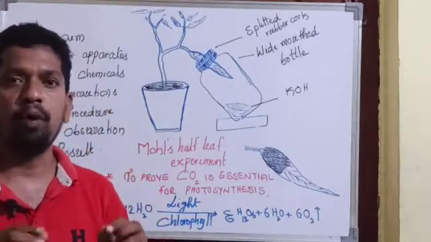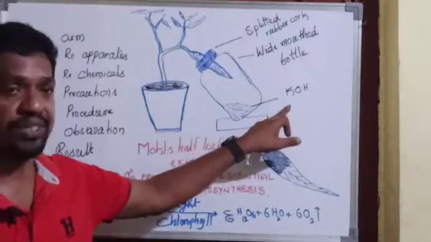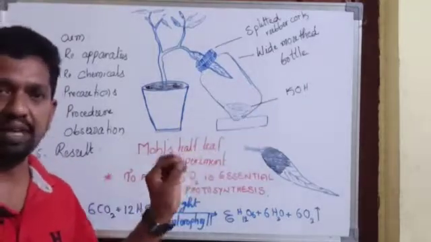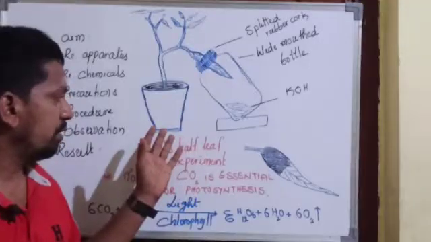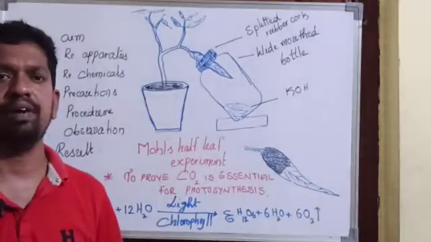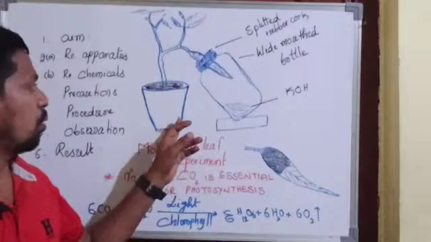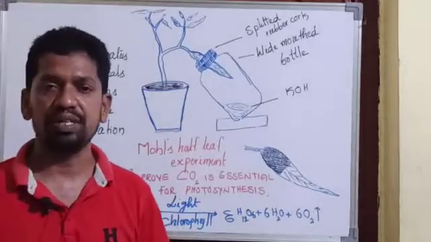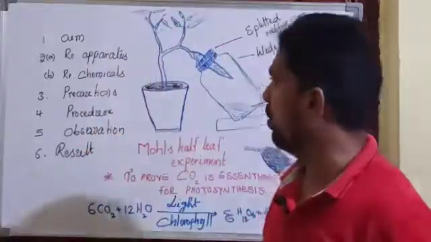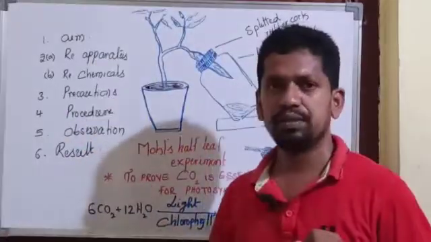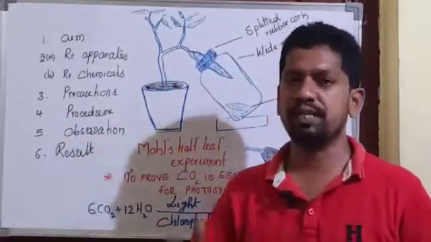Or write the importance of potassium hydroxide solution in the experiment. So like this, it is so easy and very interesting. Mostly the question may be given as an essay type question for 4 marks. So by practicing and following these steps, we can easily present the answer perfectly.